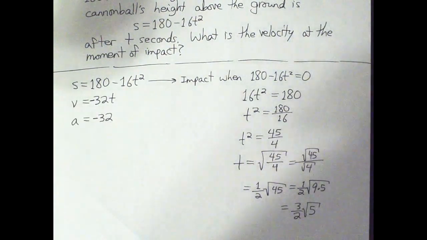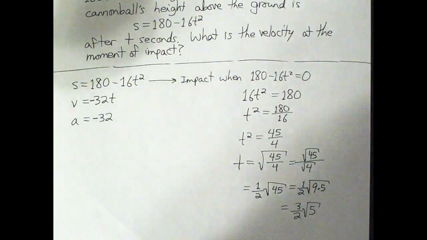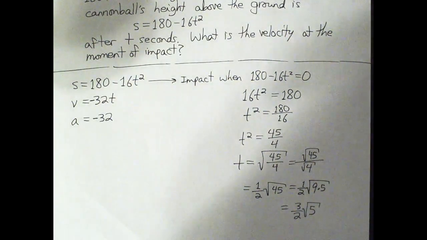So what did we just find? We found the t-value of when the impact happens. After this many seconds, the cannonball hits the ground. But the question is asking what is the velocity at the moment of impact?